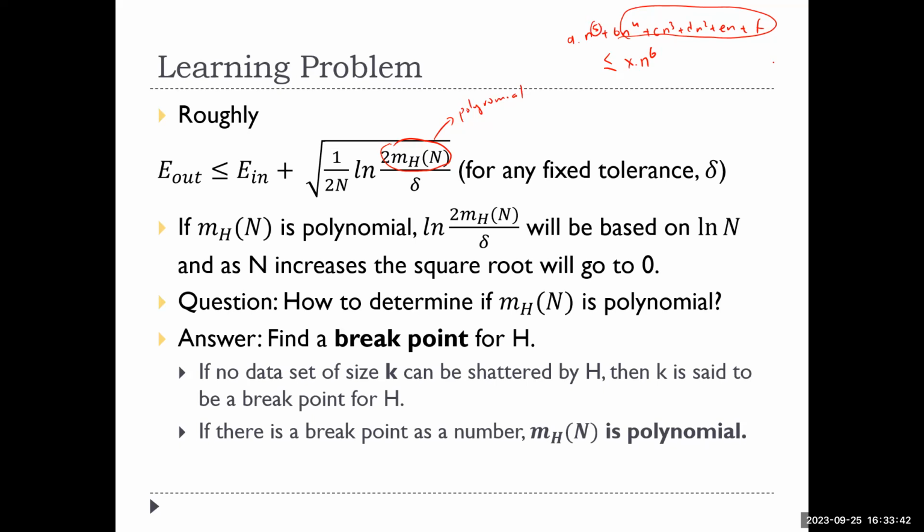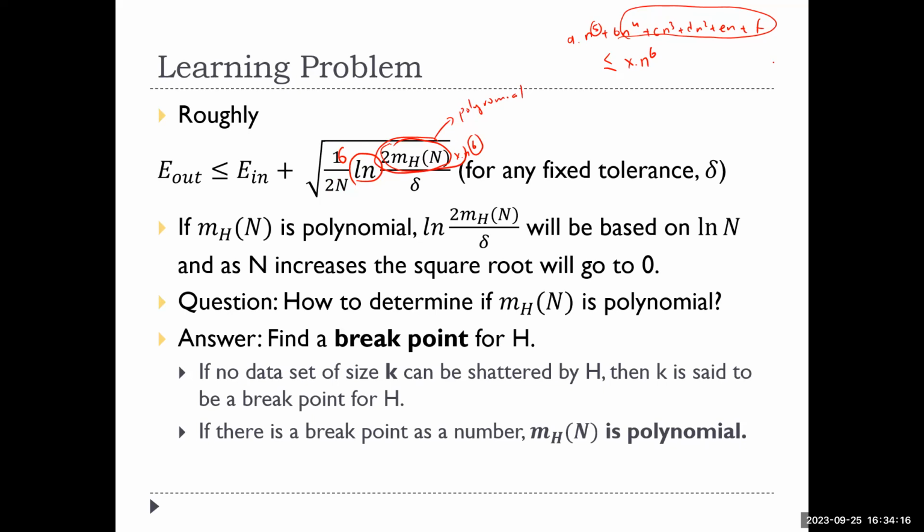If I put x times N to the power 6 and take ln, 6 goes in front of ln N, so you are going to have 6 over 2N, a constant. As N goes to infinity, that goes to 0.